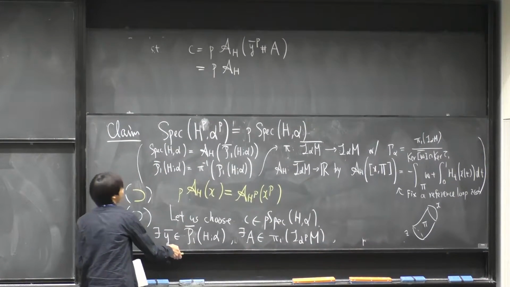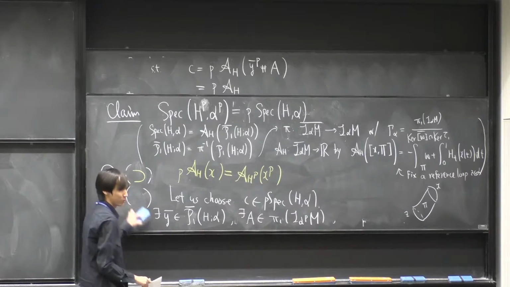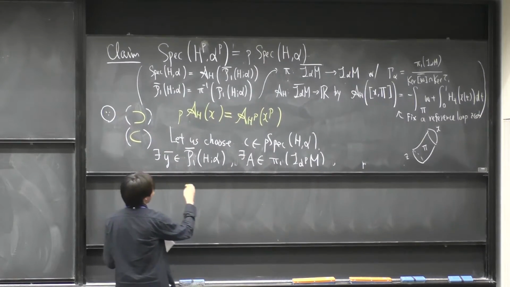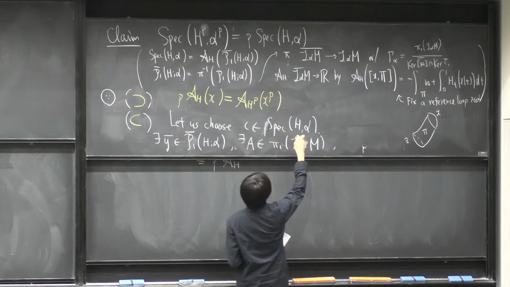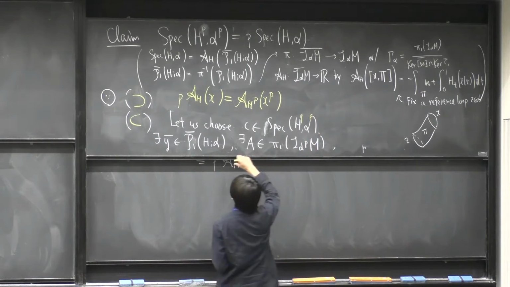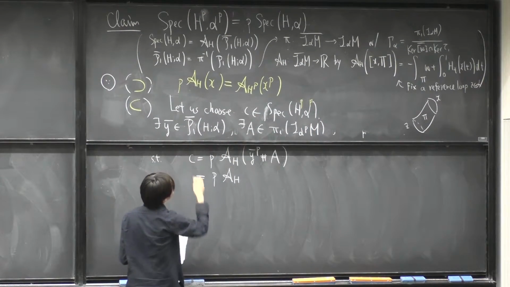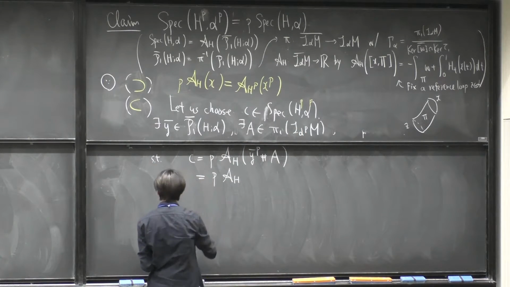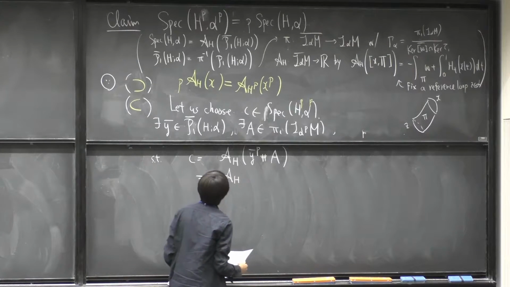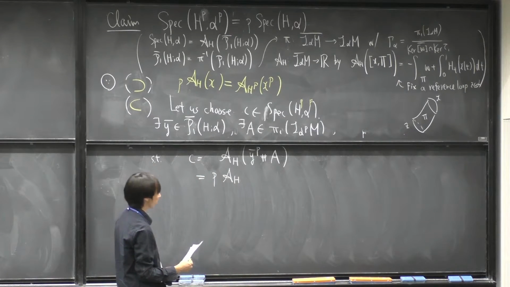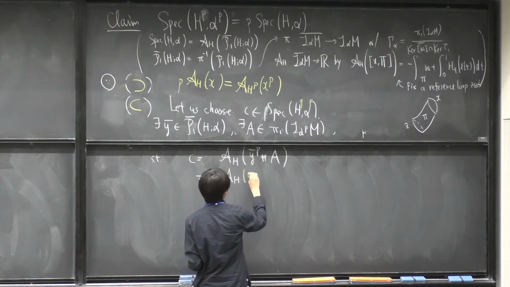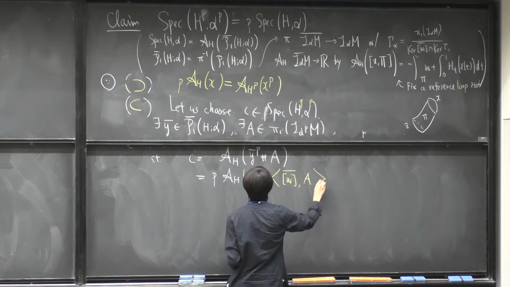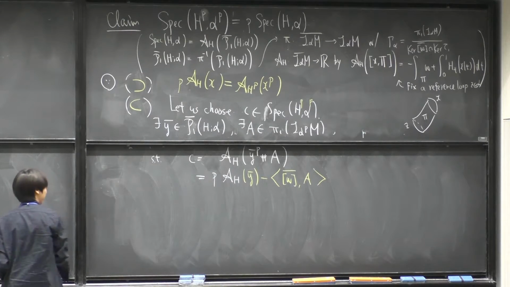And the opposite side is non-trivial. Namely, let us choose C in the spectrum of H^p on alpha p. Then there exists y bar and A in alpha p such that C equals this. Then we can compute like this.